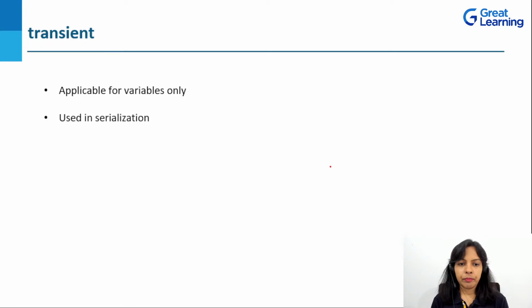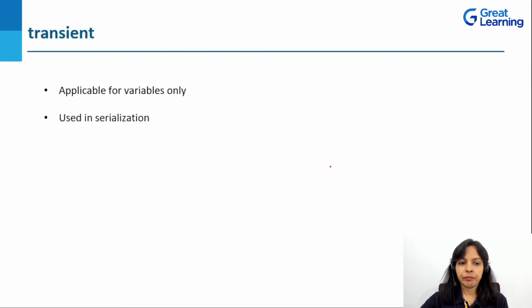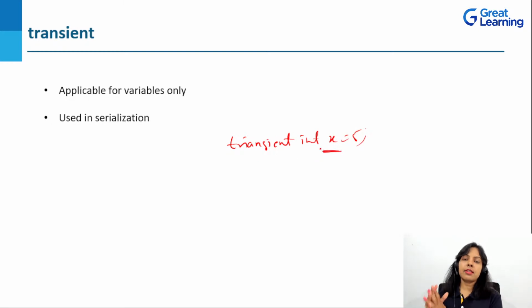Coming to transient. So transient is applicable only to variables. And this is also used in serialization. The example which I gave you right now for synchronized, the same example is there here also. Here also, no data inconsistency problem can be there. But if you use transient for the variable this time, transient index, it means this variable will be accessed in a serial way by any given method.